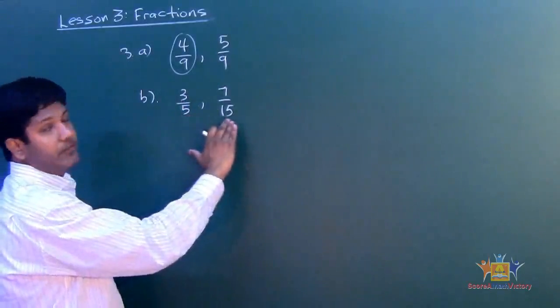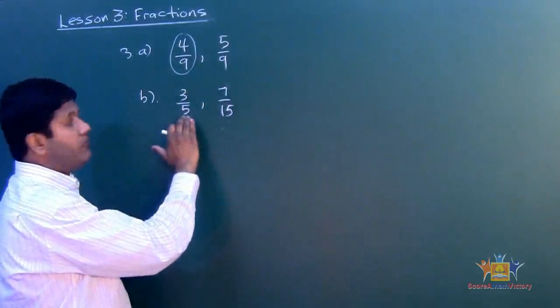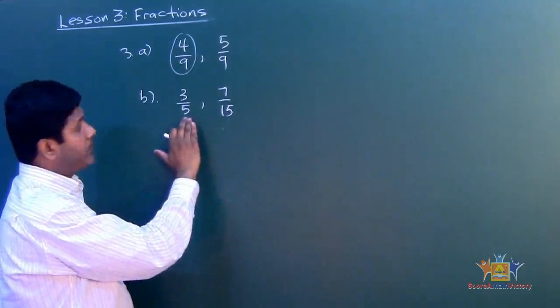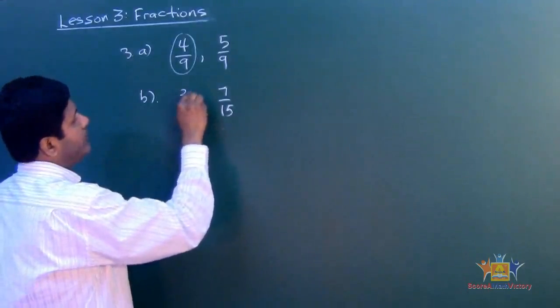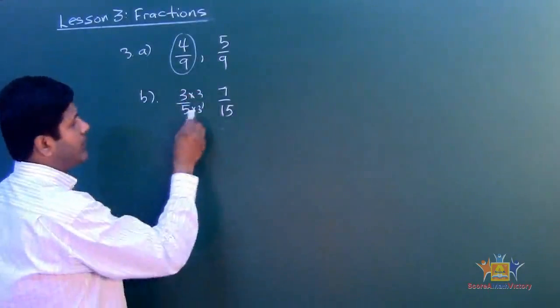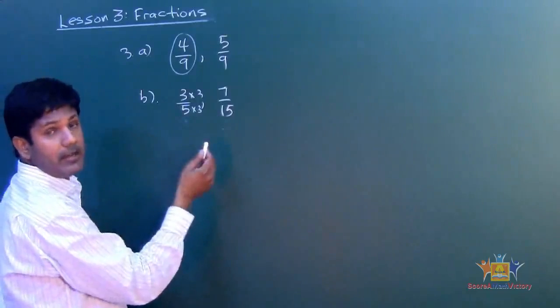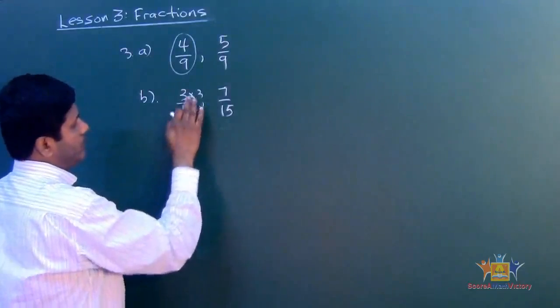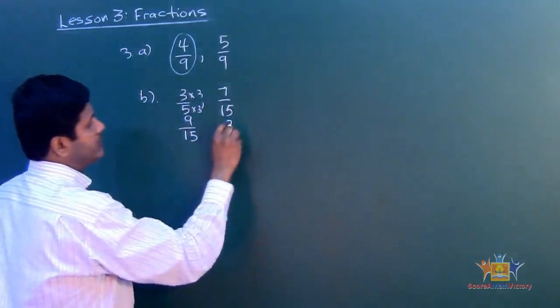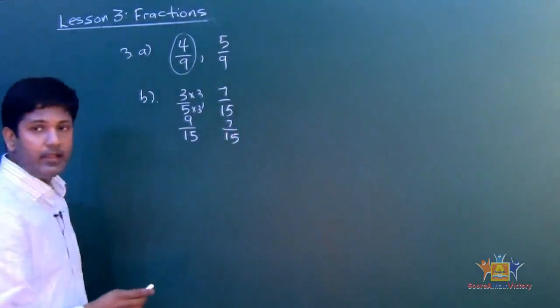Now look at that, 5 and 15. I can convert this also to 15 by multiplying 5 by what? 3. So I'm going to multiply this by 3 and this by 3. That makes both have the same common denominator. So that makes it 9 over 15, and this one is 7 over 15. See that?